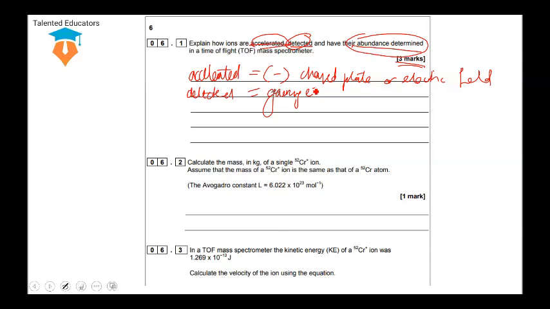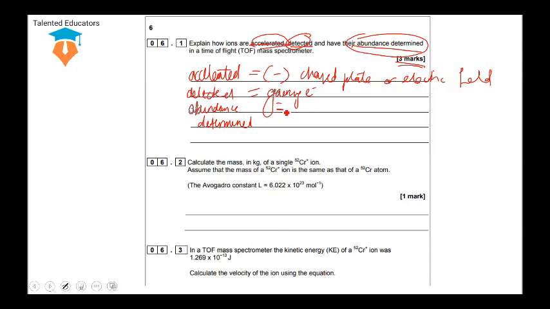How is abundance determined? I'm just going to write abundance determined. Well, by the size of the current flowing or the amount of electrons gained, because we know that when it hits the detector, the electrons are gained, that's when a current starts to flow.